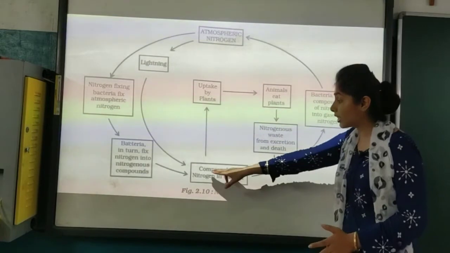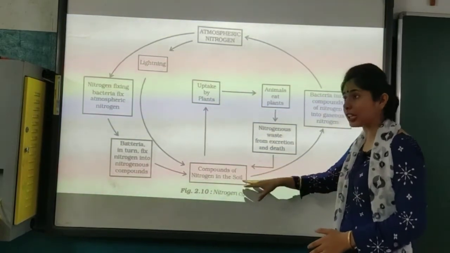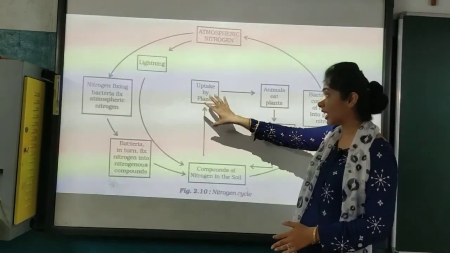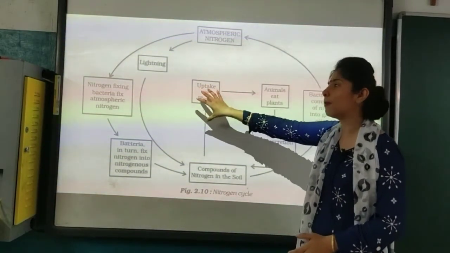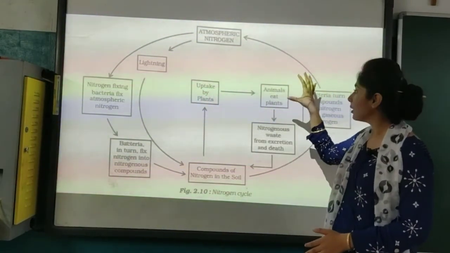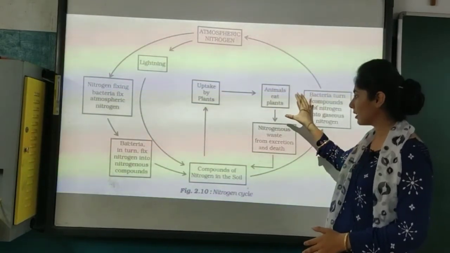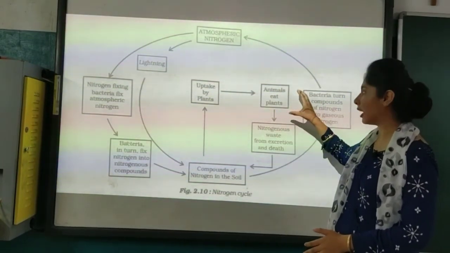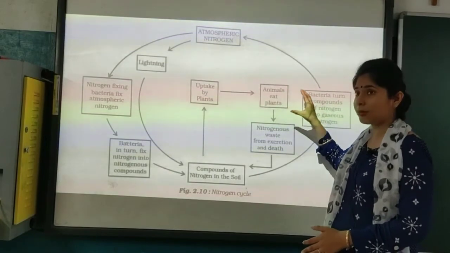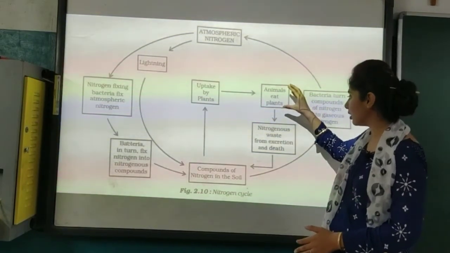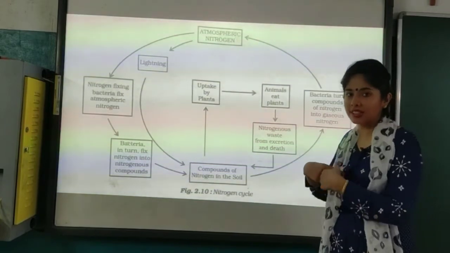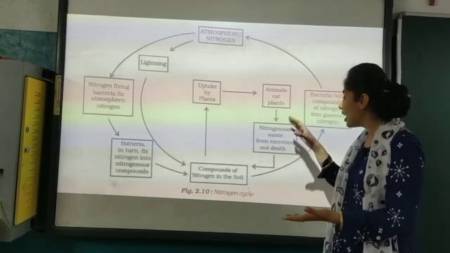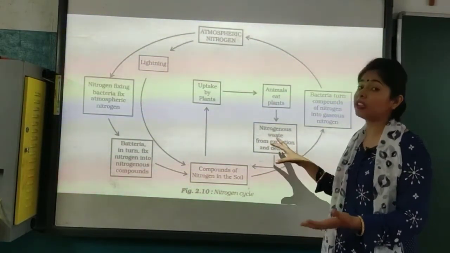When the compounds of nitrogen in the soil are taken by the plants, what will happen? Who will eat the plants? Animals will eat the plants. Now these animals will give some waste, they will excrete something from their body, and again they will die.